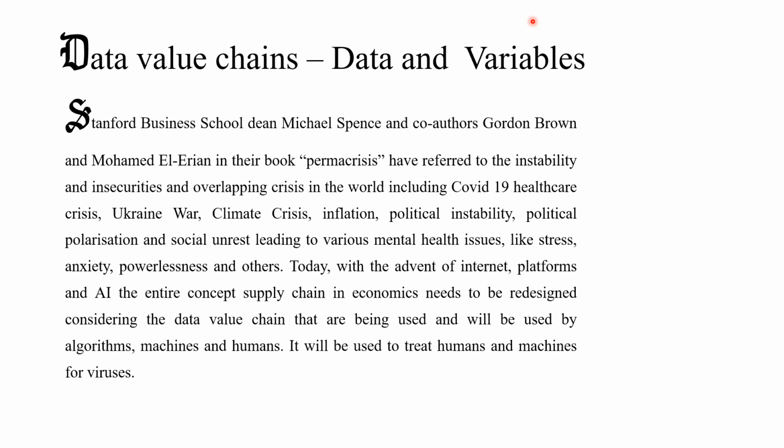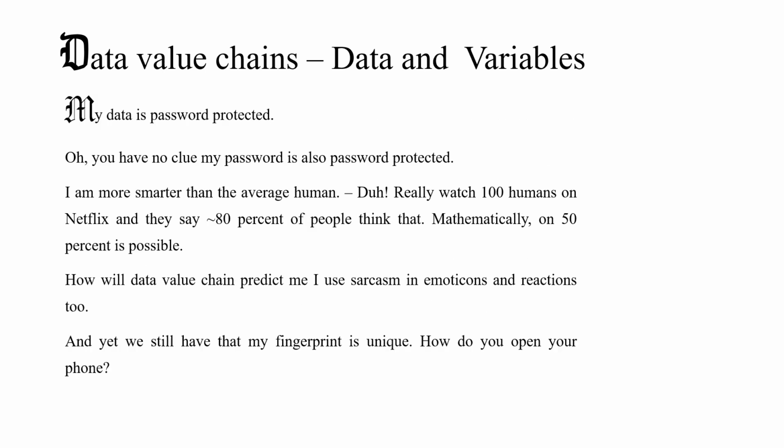Here they are dealing with the insecurities of the overlapping crises and everything that is moving at a very fast rate. So data refers to raw, unprocessed facts, information and figures collected from various sources.